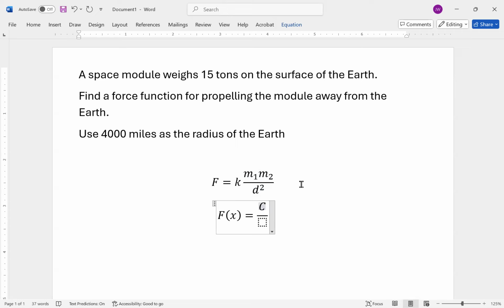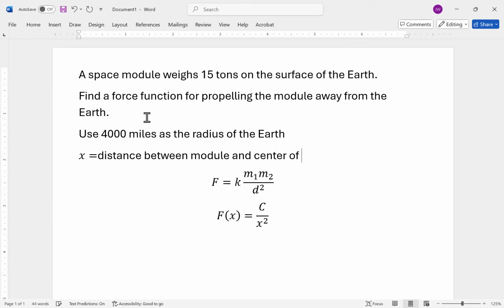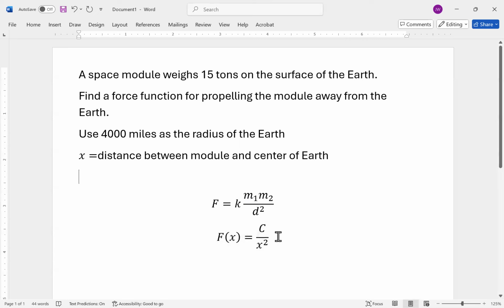I'll call that capital C for now, or maybe you could call it capital K, over x squared, where my x is distance between the space module and the center of the Earth. So x is that distance, and there we go.